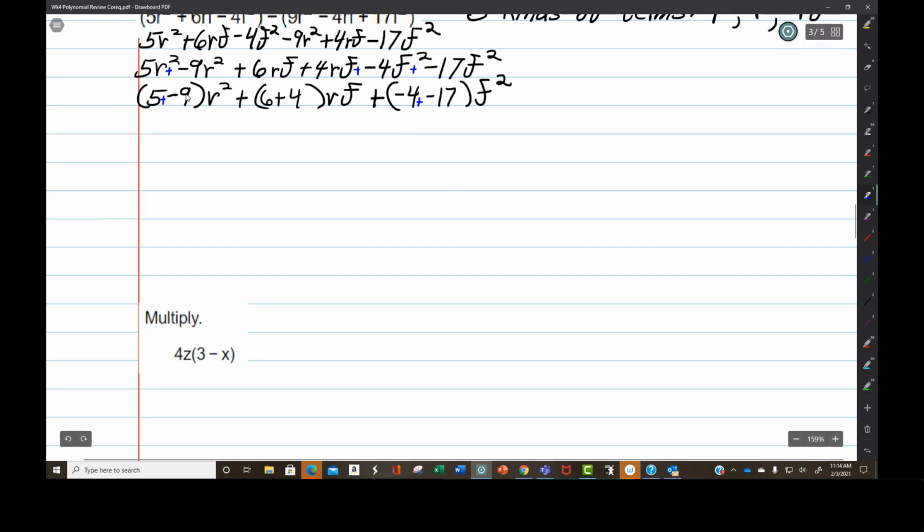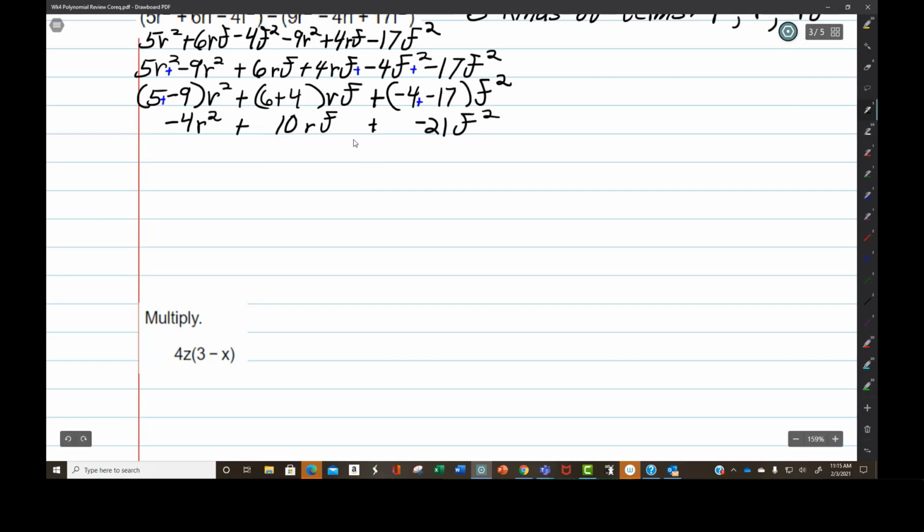Okay, so 5 plus negative 9, or 5 minus 9, is negative 4. And 6 plus 4 is 10 rf. Okay, I can leave this here temporarily. Plus, all right, negative 4 plus negative 17 is negative 21 f squared.